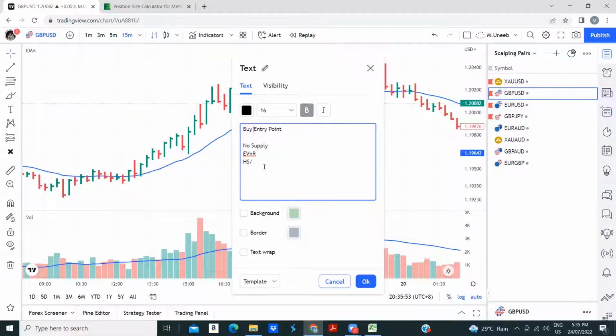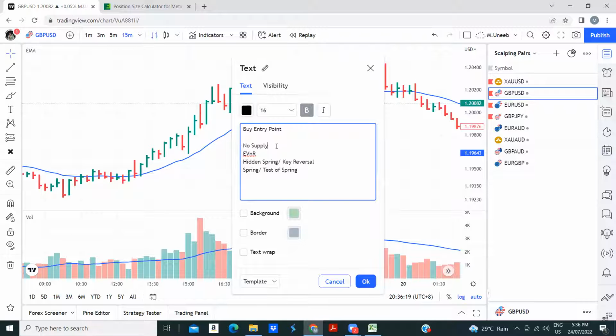So we have hidden spring, which we also call key reversal. And then we have the spring itself, or the test of spring. These are the entry points. That's it, just remember these.